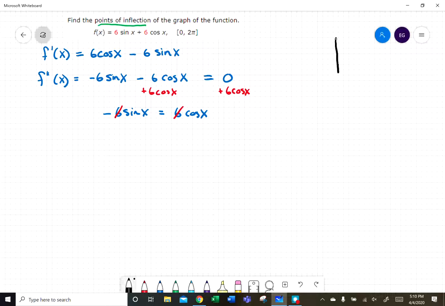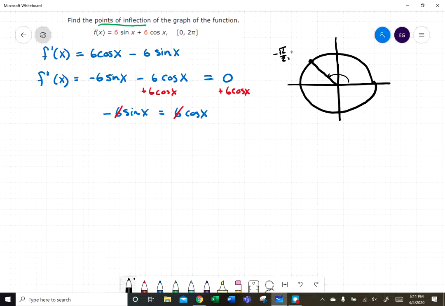Now if you go over to the unit circle, there are two places where that happens. At the angle 3 pi over 4, we have the point negative root 2 over 2, comma positive root 2 over 2. And at the angle 7 pi over 4, again, the sine and cosine are the same number but opposite in sign.